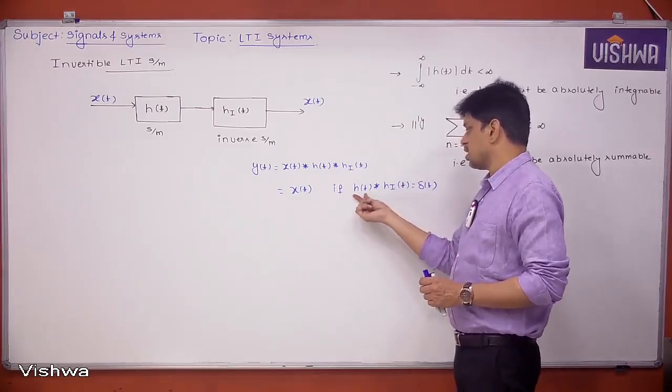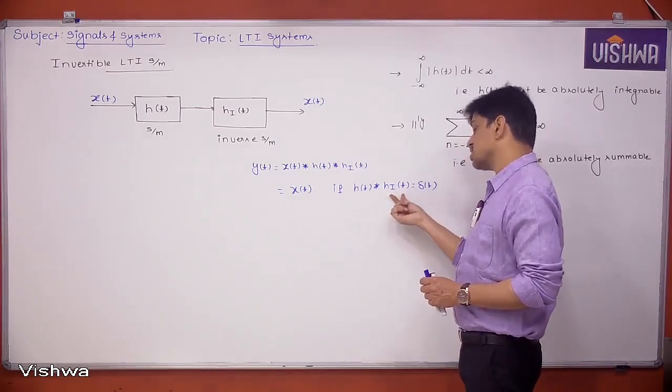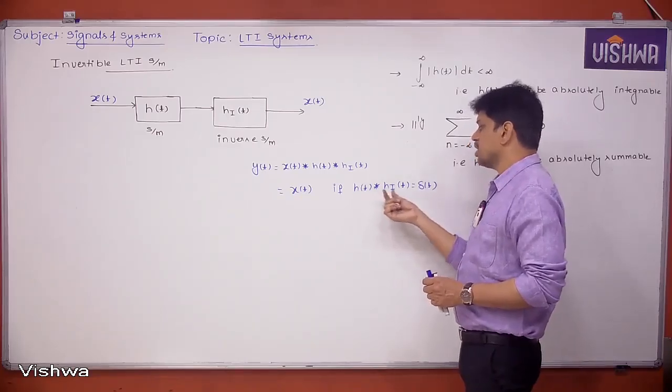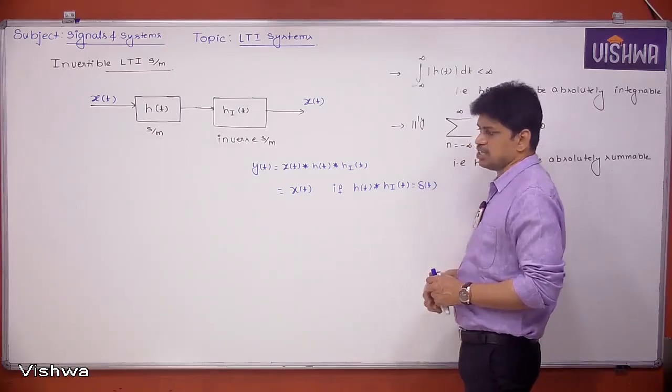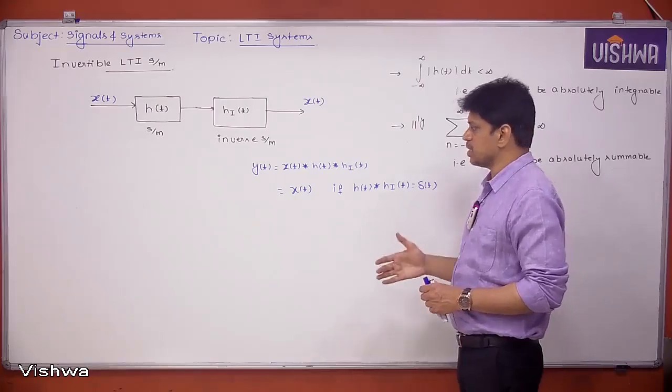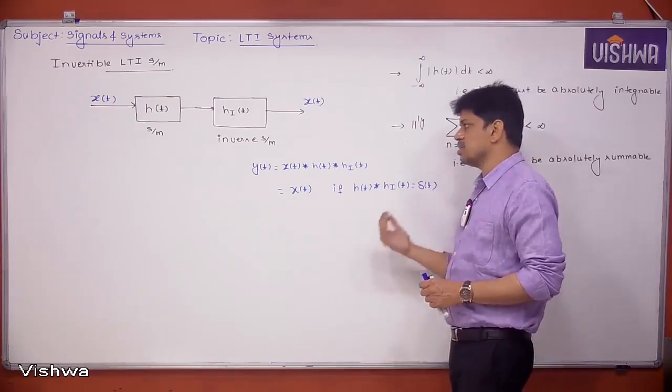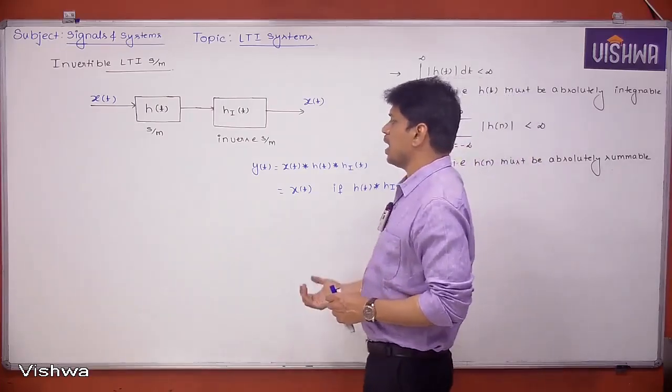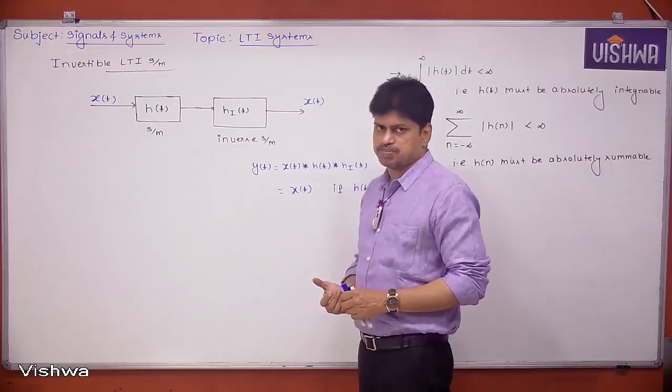If a system has impulse response h of t and its inverse system has impulse response hi of t, then the condition on them is h of t convolution with hi of t must be delta t. If this condition is satisfied, then the system has an inverse system and this is an invertible system. Clear? Take it.